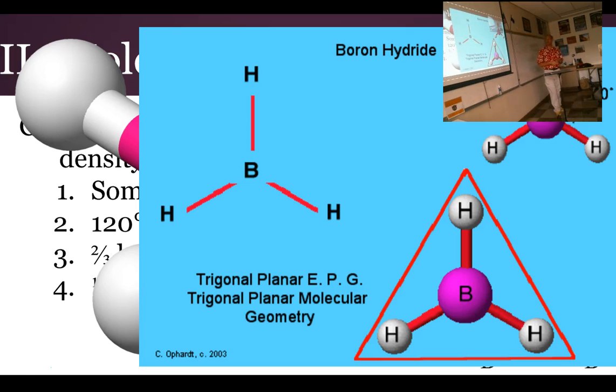Boron is one of those weird atoms that are okay with a different number of valence electrons. Most of the time that's not true, but boron can be happy only looking at 6 electrons. So boron looks at 6 electrons and he's fine with that. He doesn't have an extra floating pair of electrons out there. 3 bonds going to 3 different hydrogens. And we have a trigonal planar molecule. Okay.